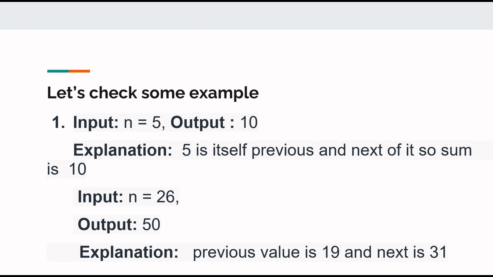This is an odd number and all the digits in it are odd. So 19 is the previous, fine. Now for the next one, for 26 I can't take any number till 29 because 2 is there, so I will go to 30. Now 30 has an even digit, I can't take it, so 31 is the next best option that I have to choose. So 19 plus 31, that is 50, that is our answer.